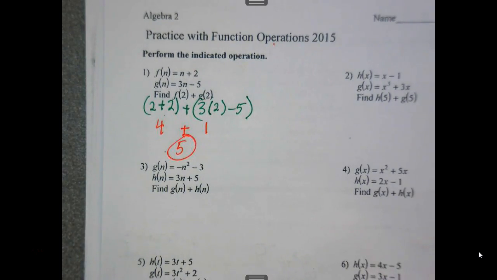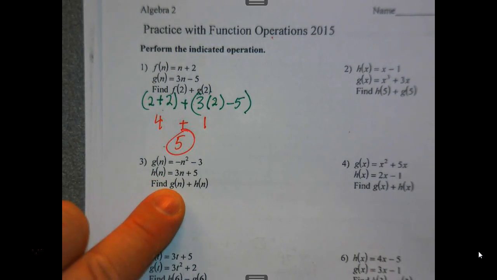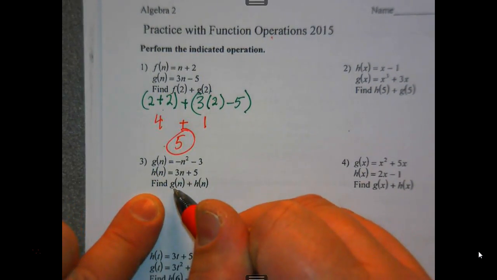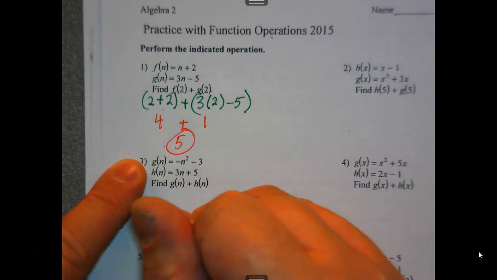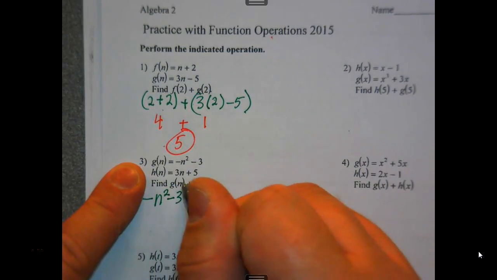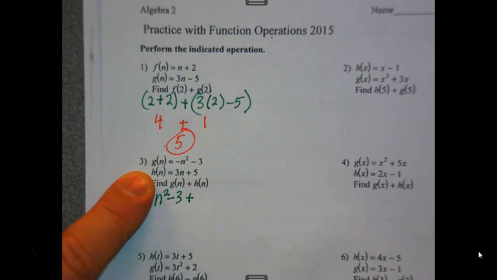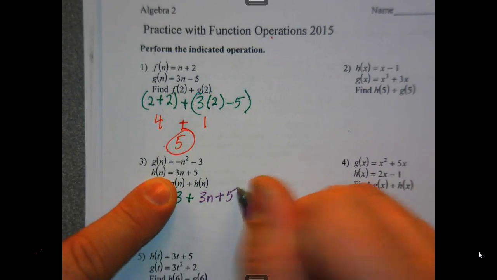Okay? Now, if they don't have a number, you just leave them as the variables. So here I have the g of n, which is negative n squared minus 3, plus my h of n, which is 3n plus 5.